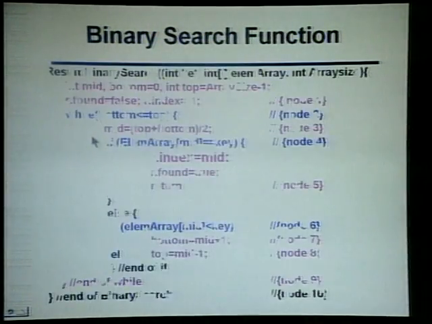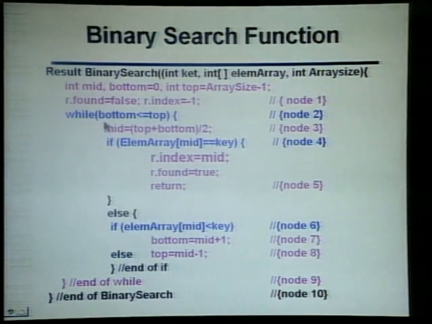Now we separate our loop statements. For example, here is the loop statement. This is an if statement, another if statement. And remember that each condition has to be shown in a separate node. Here all the conditions are simple, so for each condition we will use a single node.